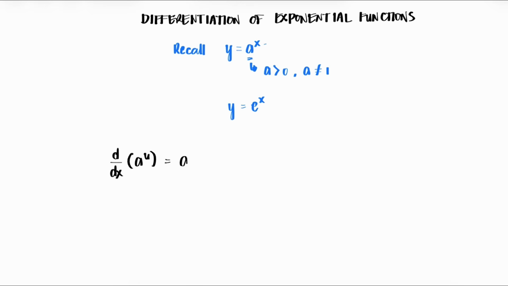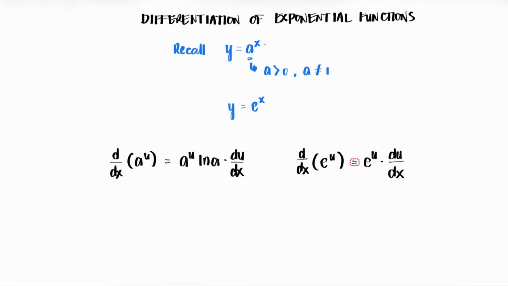All we need to do is copy the given a to the power of u, multiply it by the natural log of the base a, and then again multiply it by the derivative of u with respect to x. If the exponential function has a base e, the derivative with respect to x of e to the power of u is simply equal to e to the power of u multiplied by the derivative of the exponent u, that's the derivative of u with respect to x.